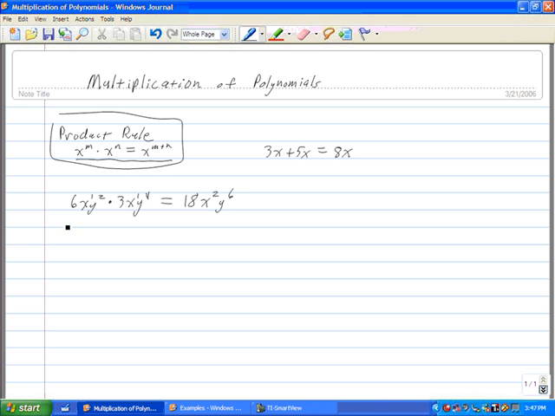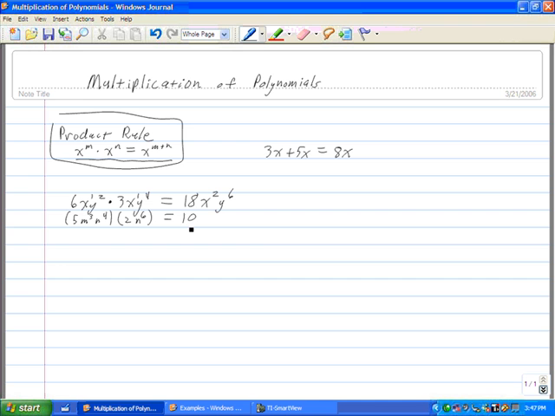Let's look at another one. We could take a 5m to the third n to the fourth and multiply it by a 2n to the sixth. Now the first multiplication problem was written using a dot to imply multiplication. The second one, we use the parentheses, but they still imply multiplication. 5 times 2, we'll do the constants first.